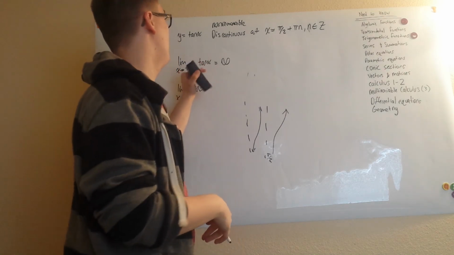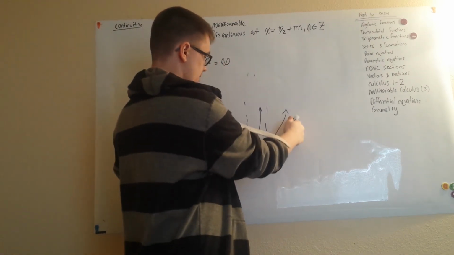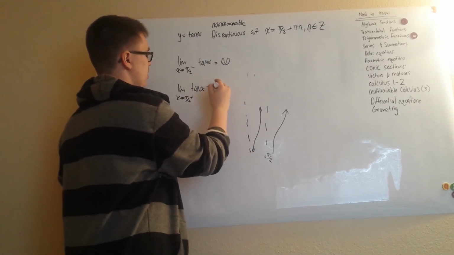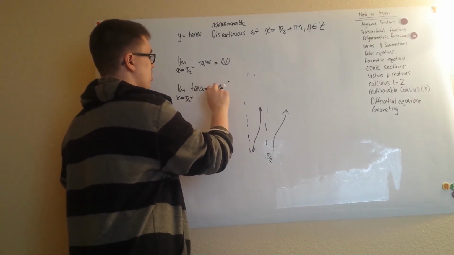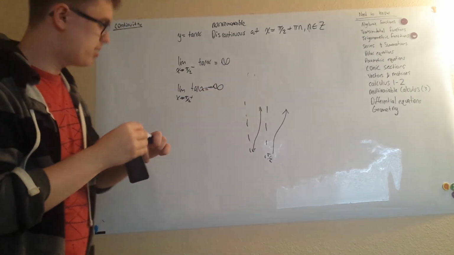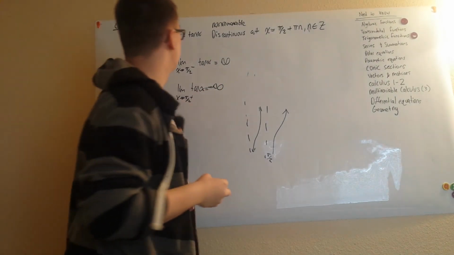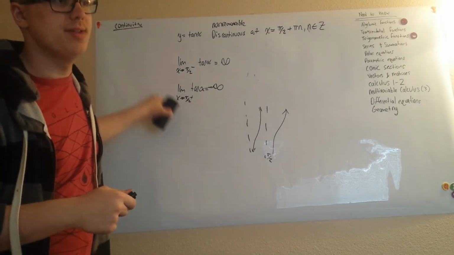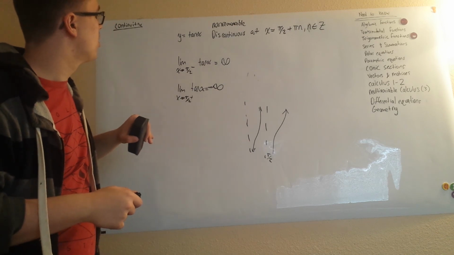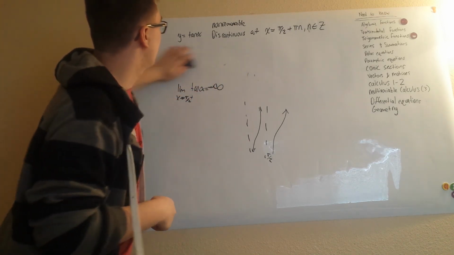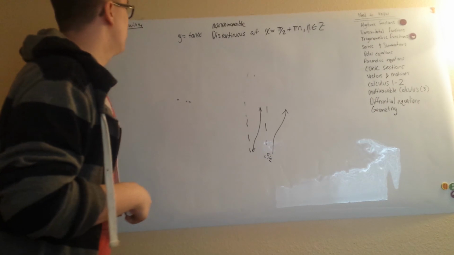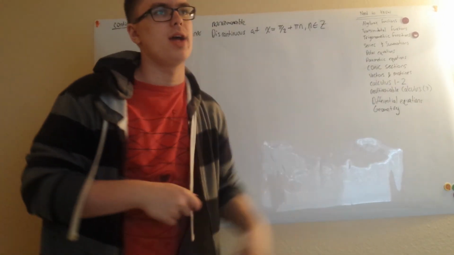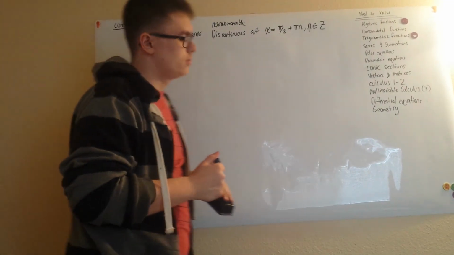Vertical asymptote always has this infinity thing. From the right side, it's going literally down, negative infinity. That's how limits apply to this. So that means the limit overall of tangent as x approaches pi over 2 does not exist because its one-sided limits don't exist. Therefore, we have a non-removable discontinuity at every x equals that. There you go.